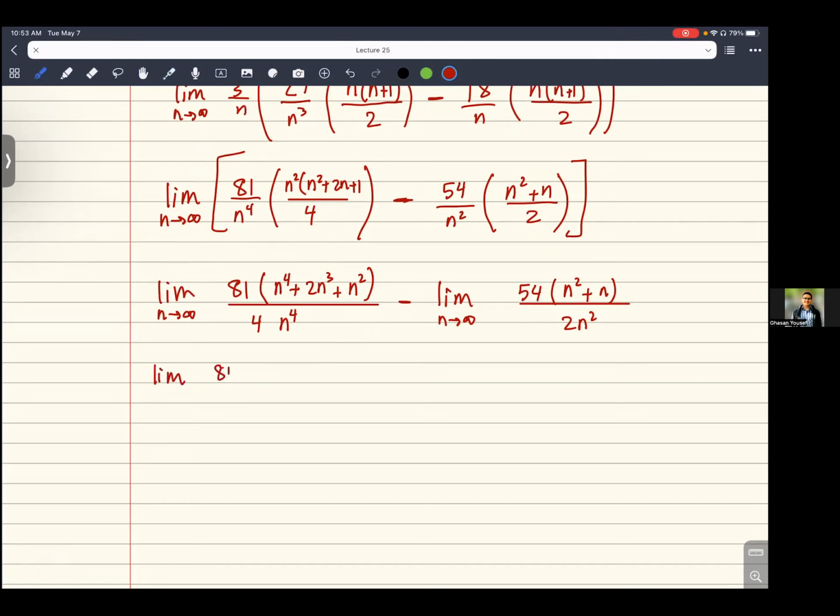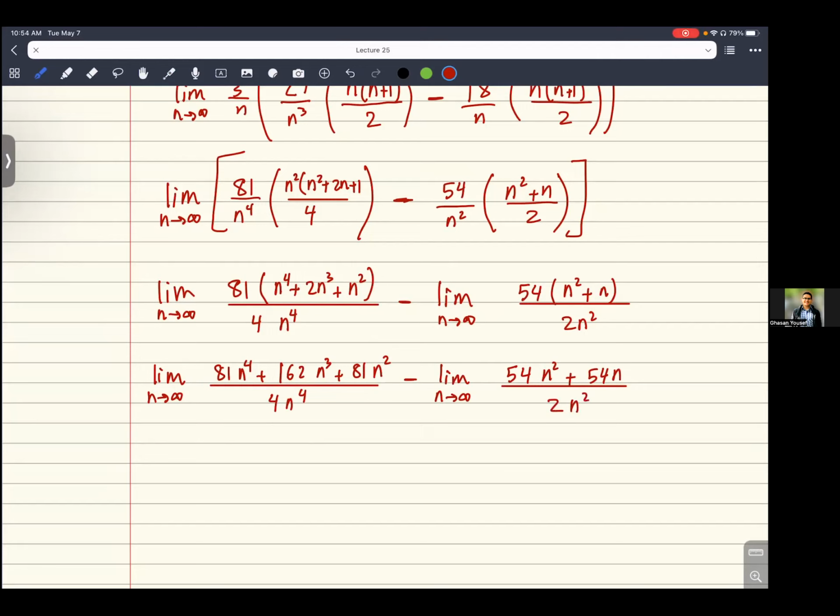This would be 81 n to the power 4 plus 81 times 2, which is 162 n to the power 3, plus 81 n to the power 2, over 4 n to the power 4, minus the limit, when n goes to infinity, of 54 n square plus 54 n over 2n square.